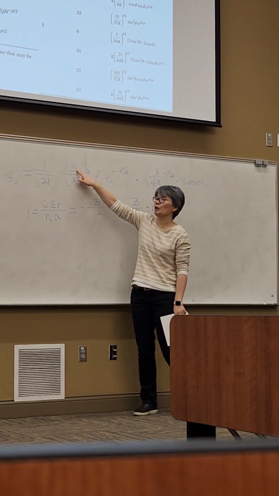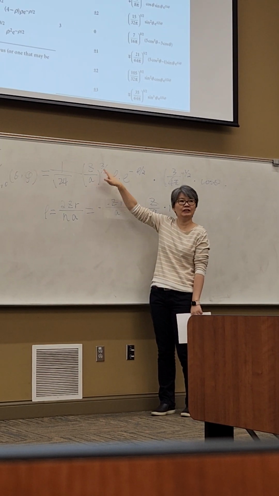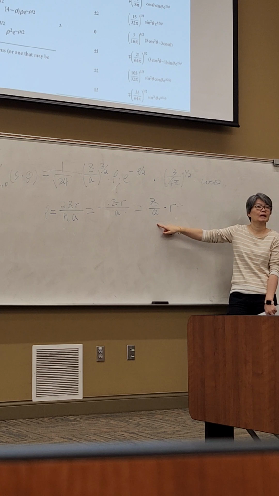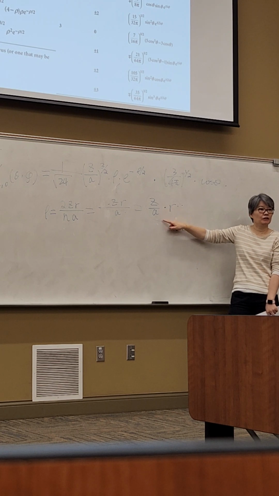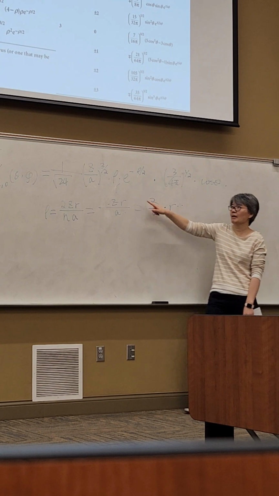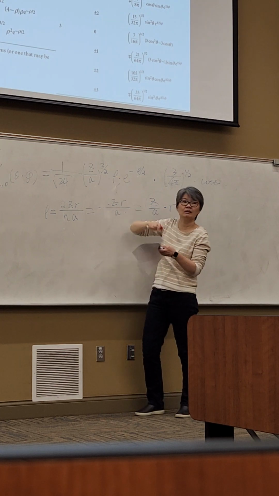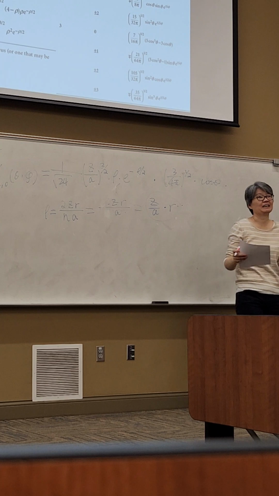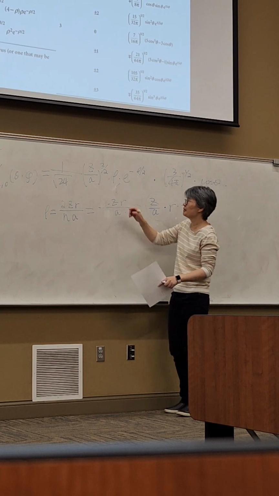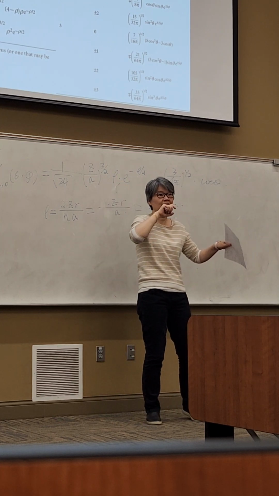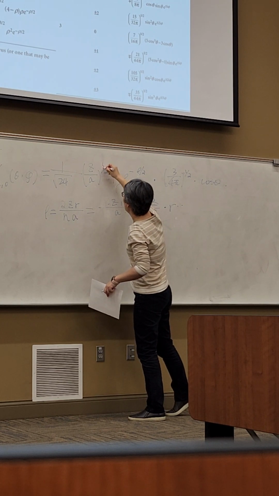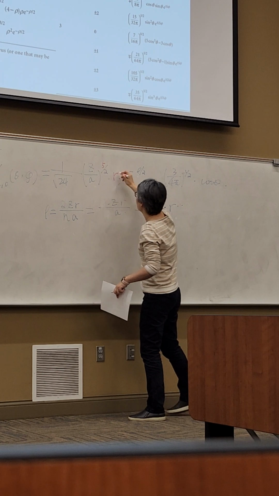I have z over a here raised to the power of 3 over 2. Now what did the rho carry? z over 2. So if I combine this together, what do I have here? You're going to have 5 over 2, then this becomes r.